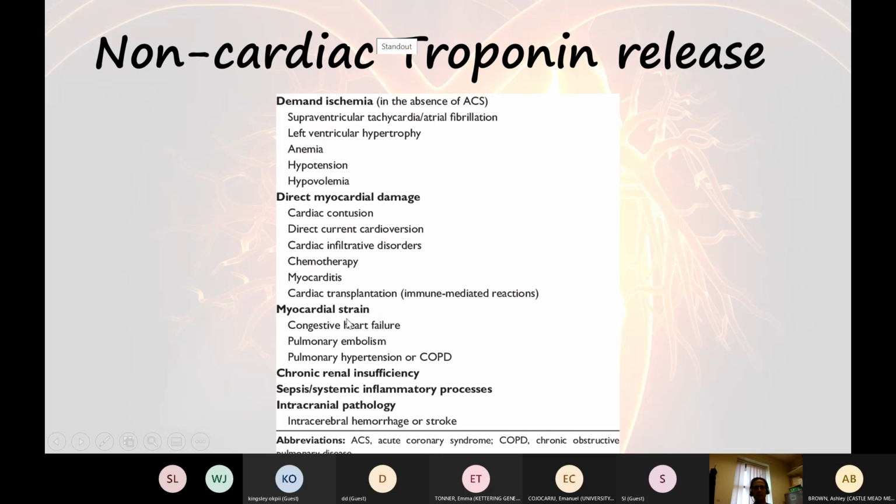You can have strain placed on the heart by severe illness or pulmonary embolism or heart failure, very often causes a troponin release. And there are then smaller print causes, things like chronic renal failure, infection, and intracranial pathologies. So lots and lots of different things, but just basically, if you're poorly, expect the troponin to go up.